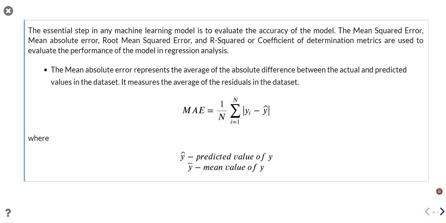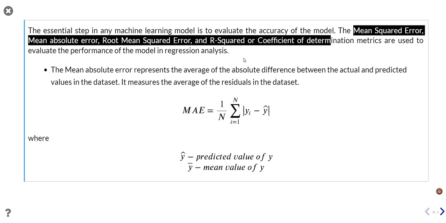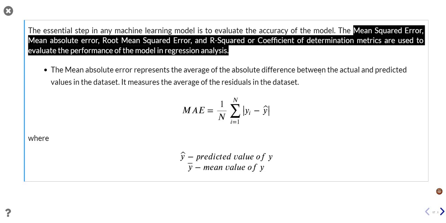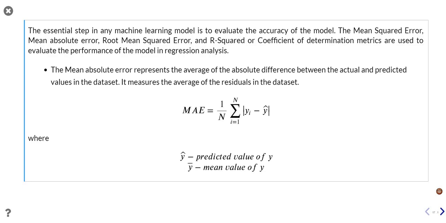So these are the several types of metrics used to evaluate the performance of the model. This is important, especially the root mean square, the MSE and MAE. Make sure that you know each of these evaluation metrics, their formula, and what they represent.